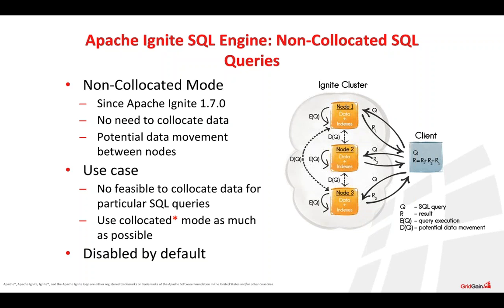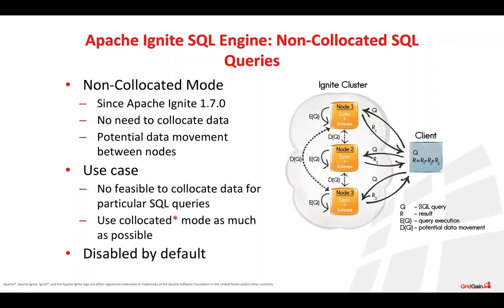The difference between this mode and the previous mode we were covering a couple of minutes ago is that, if you take a look at the picture, in this scenario, let's say node 1, during the execution of the query, finds out that some data is missing, and this data is required to complete the join between two caches, then this node will send an additional request to the rest of the cluster nodes asking for the missing data.